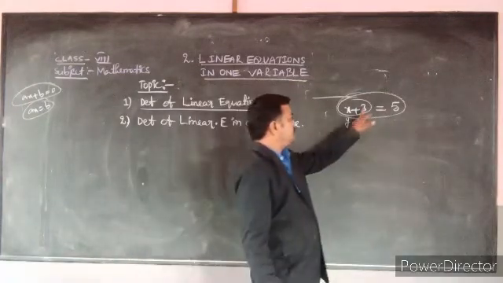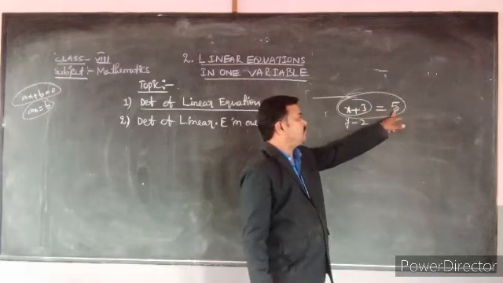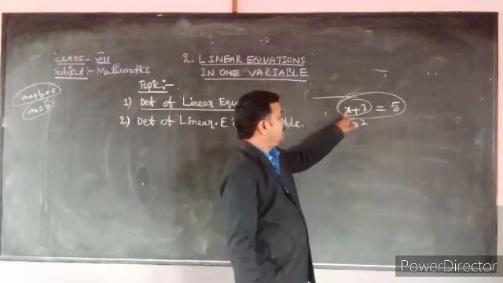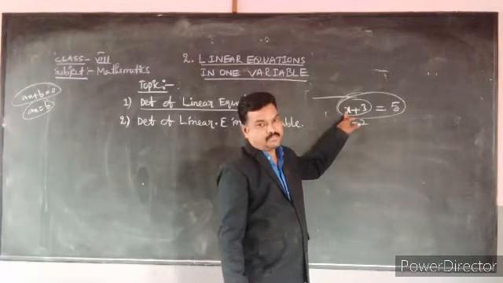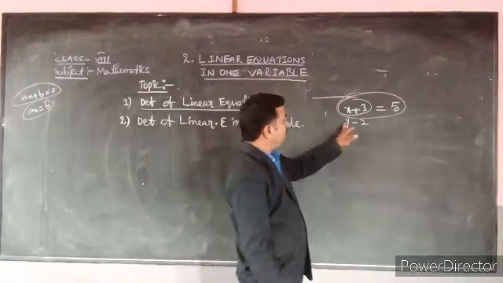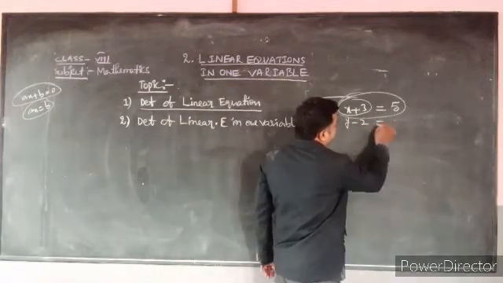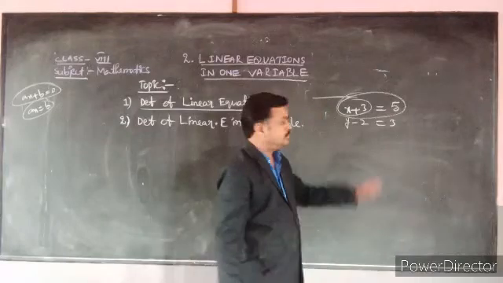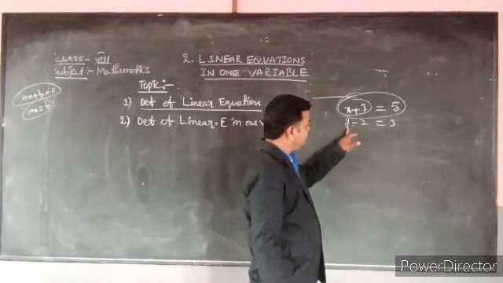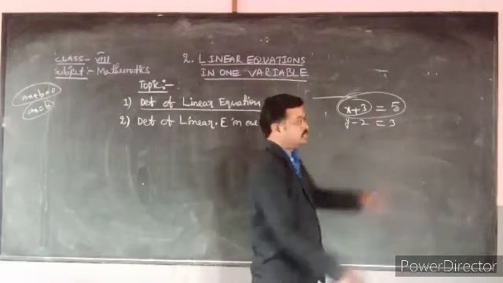In this example, x plus 3 is equal to 5, 3 and 5 are numerals. x is called a variable. All the letters are called variables. y minus 2 is equal to 3 is also an example of an equation. y is the variable, 2 and 3 are numerals.